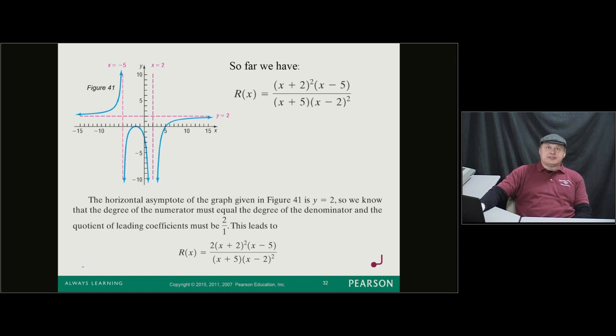And when I saw the vertical asymptote at negative 5, I knew I was going to have an x plus 5. Sometimes vertical asymptotes are squared and sometimes they are not. If they go the same direction, like at x equals 2, that's when you tack on the square. And for the polynomial on top, the rule still applies like we learned in polynomials. The multiplicity at negative 2 is even because it bounced, and at 5 it crossed. So those same things apply.